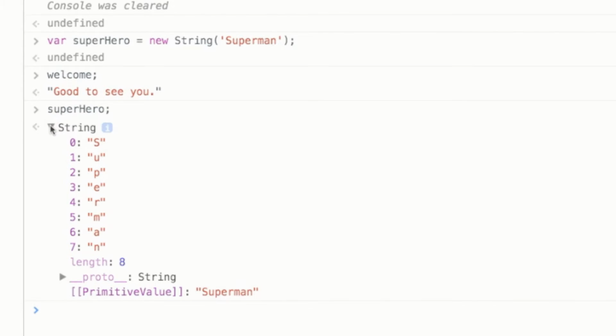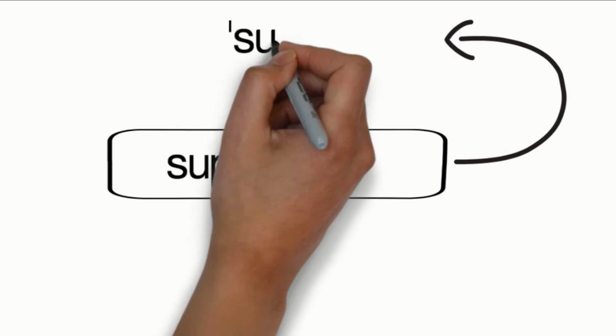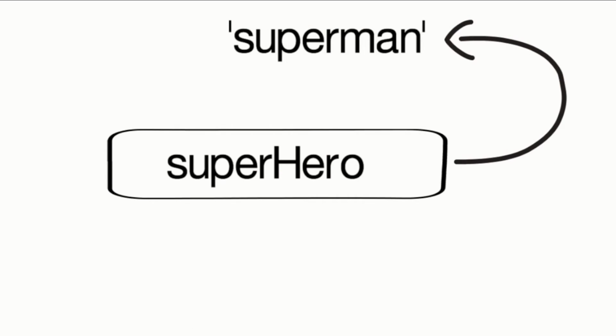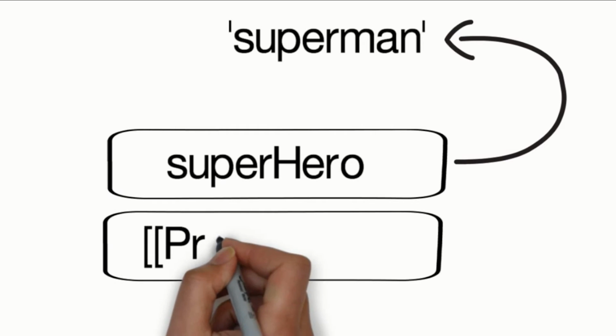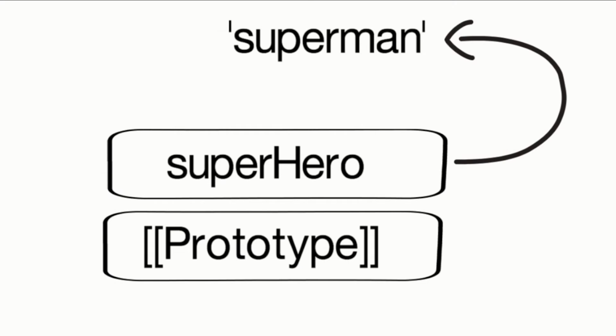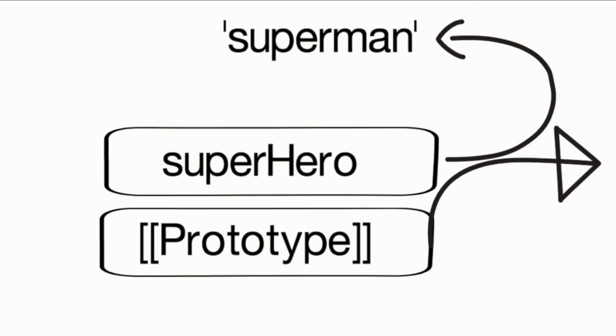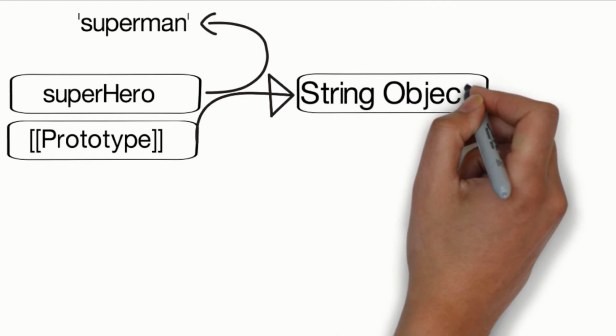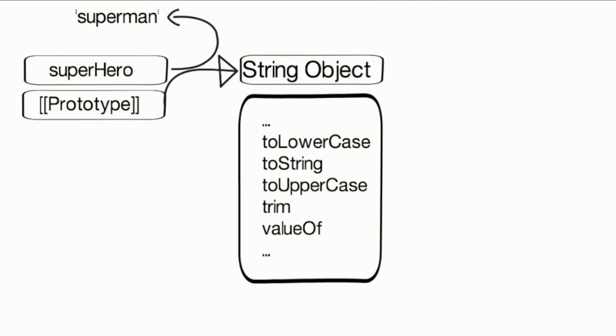Let's look visually at what is happening with superhero. We have superhero pointing to the string Superman, but we also find that we point to the prototype of the string object that exists. The string object has a whole set of properties and methods it can access.